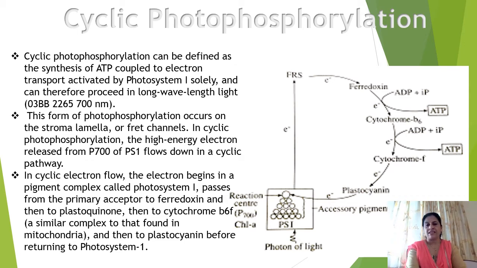Cytochrome F transfers electron to plastocyanin. Plastocyanin further transfers the electron to its original position, that is the chlorophyll A of PS1. Hence, PS1 emits electron and the electron follows the pathway and comes back to PS1. Hence, the process is called cyclic photophosphorylation.